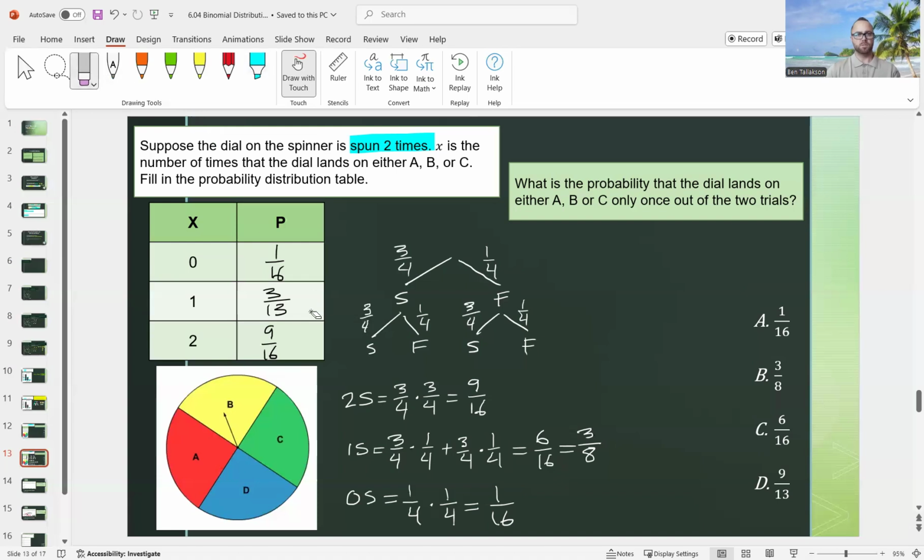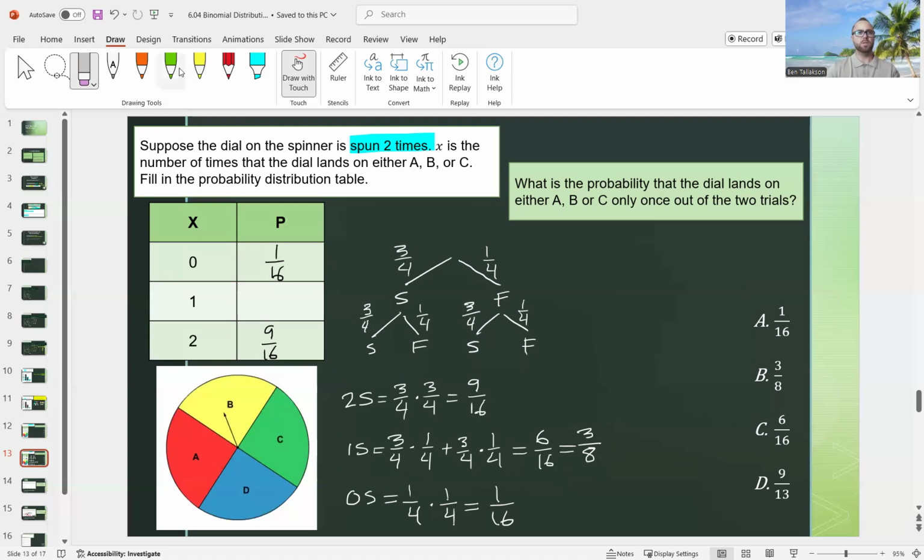And I noticed there's a mistake in the table. Let me just double check that the work here is accurate. 3/4 times 1/4. Okay. 3/16. 3/16. Yeah, 6/16. 3/8.